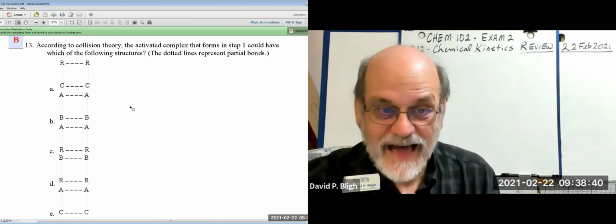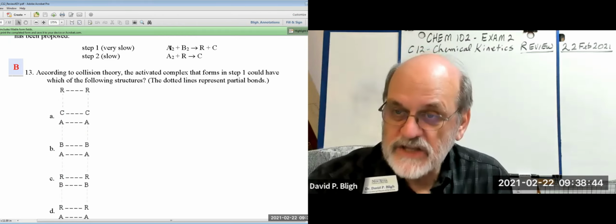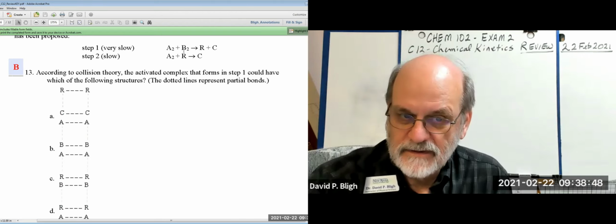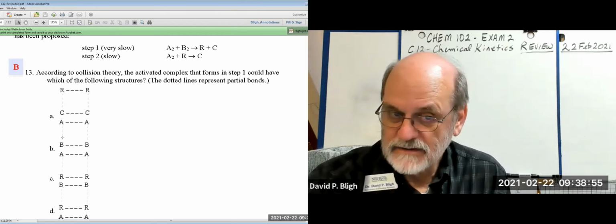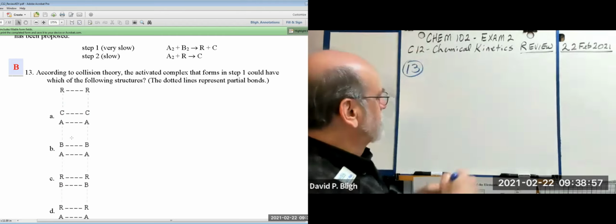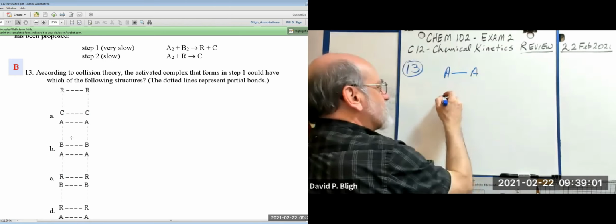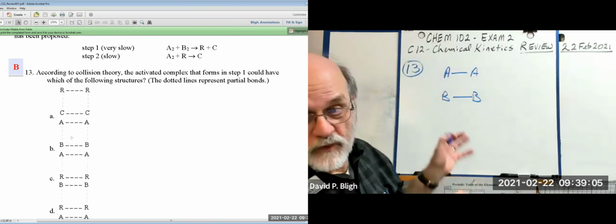So why do I say that? Well, if it's diatomic, there's strong bonds between each A and between each B, but what are you going to end up with? Well, you're going to end up with a combination of A and B. It's going to look like when this one comes together with this one. That's before the collision.